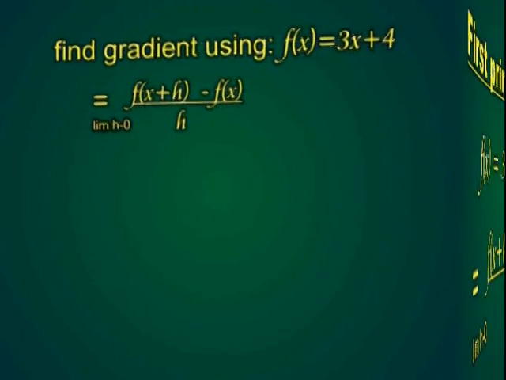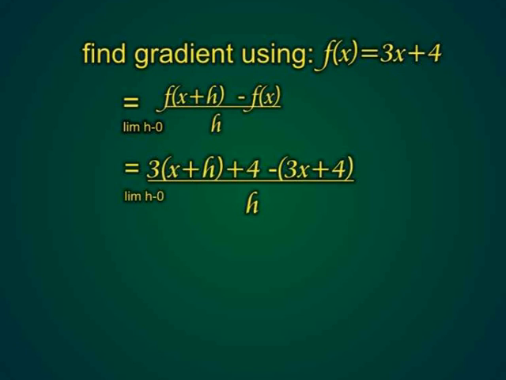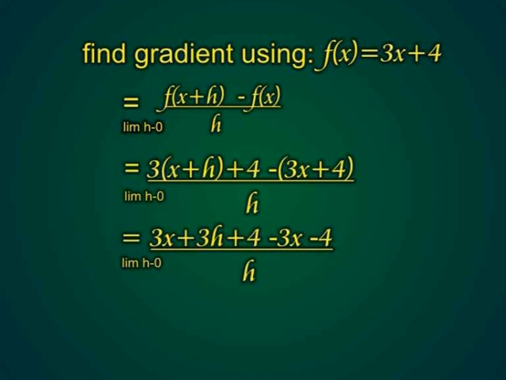(f(x + h) − f(x)) / h, if I plug that into our formula 3x + 4, it becomes (3(x + h) + 4 − f(x)), which is 3x + 4, all of that over h, which will become (3x + 3h + 4 − 3x − 4) / h.